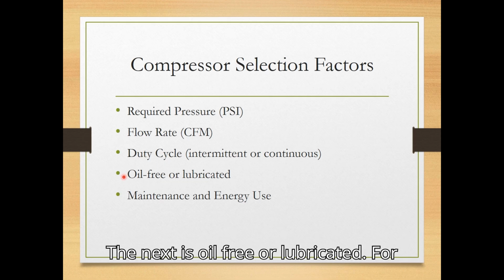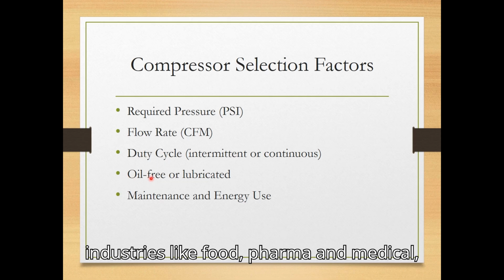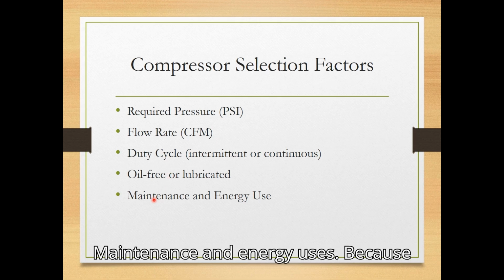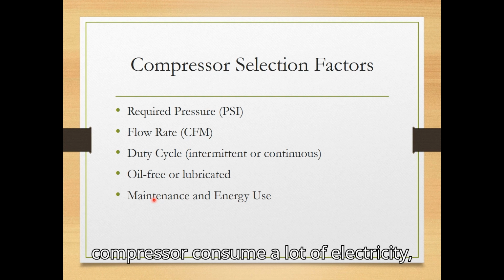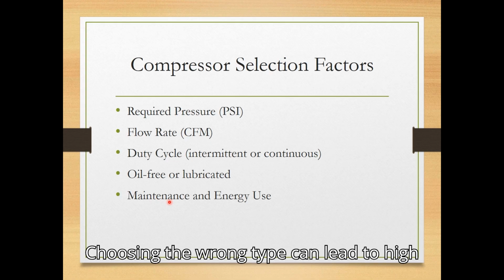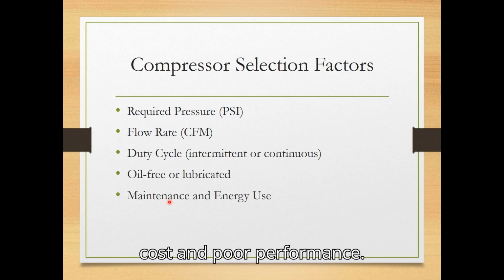The next is oil-free or lubricated. For industries like food, pharma, and medical, oil-free compressors are necessary. Maintenance and energy use. Because compressors consume a lot of electricity, efficiency is very important. Choosing the wrong type can lead to high cost and poor performance.